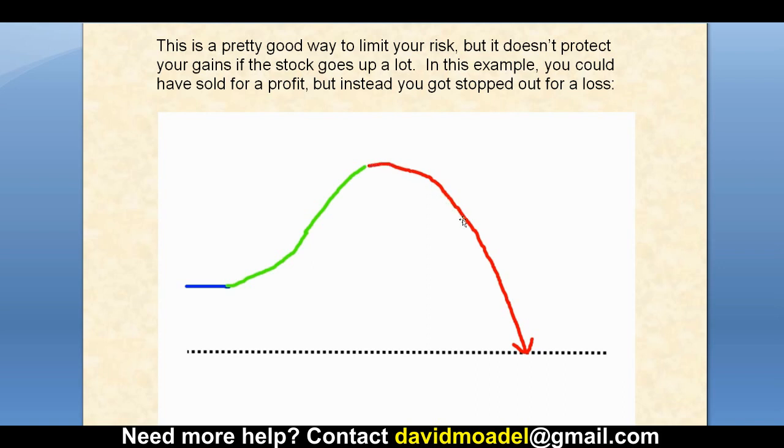It starts to go down and down and down, and then you get stopped out, and it's below where you bought it, so you get stopped out for a loss, when if you had just sold it somewhere up here, you could have had a profit. All right, so that's a regular stop loss, and it could be very frustrating because of that. It doesn't protect your gains, really. It just prevents losses or extreme losses.